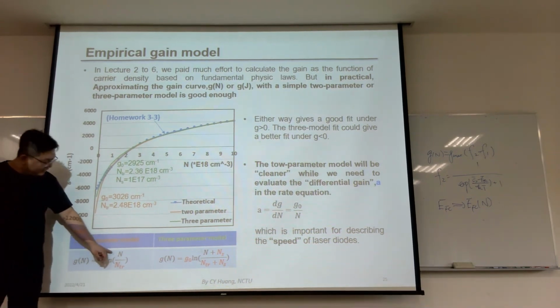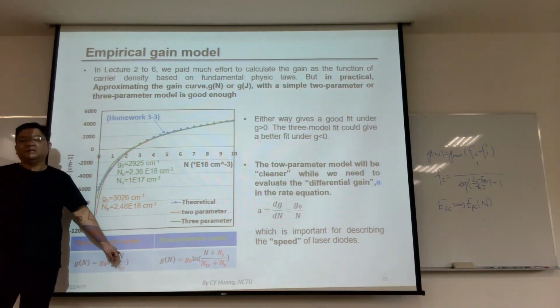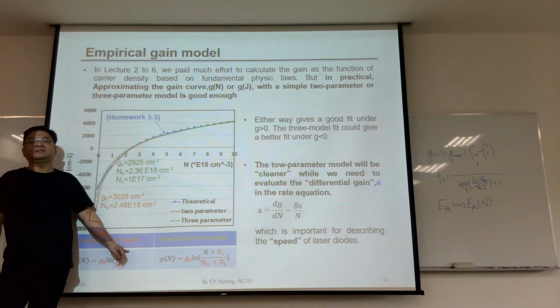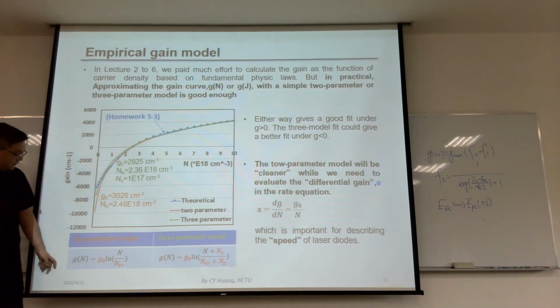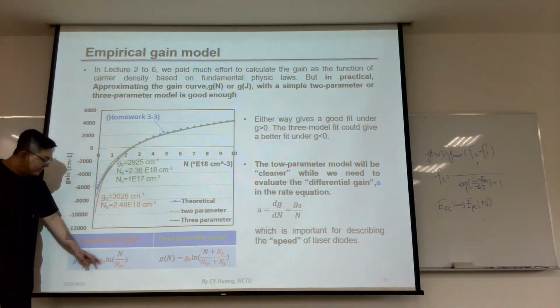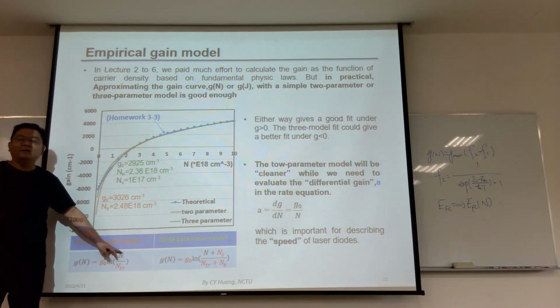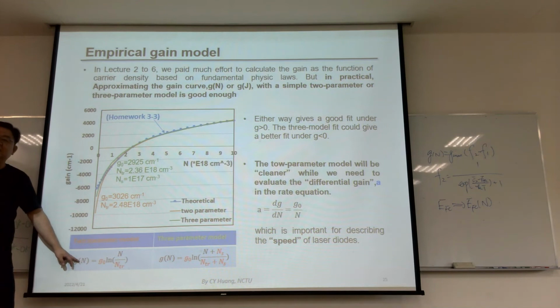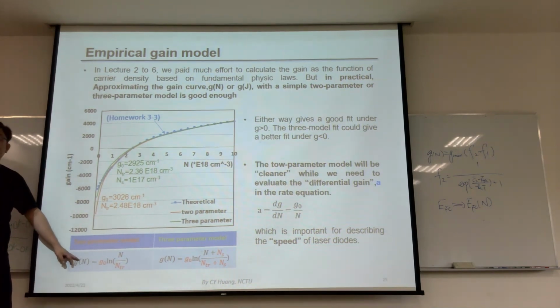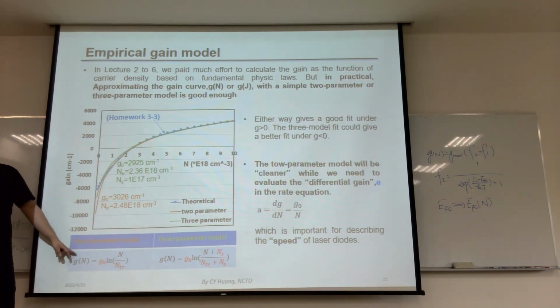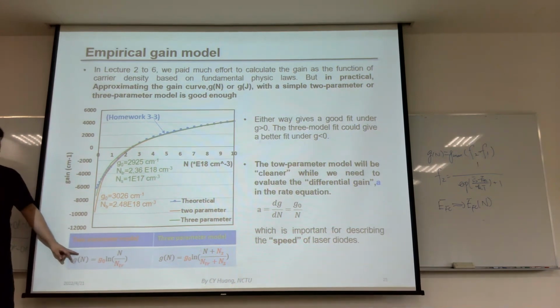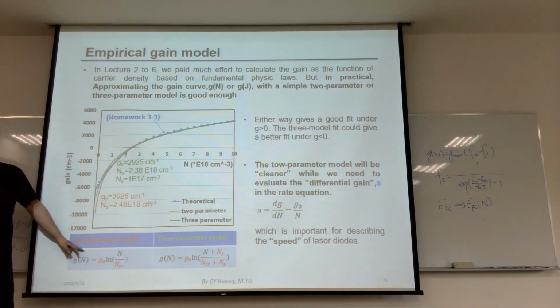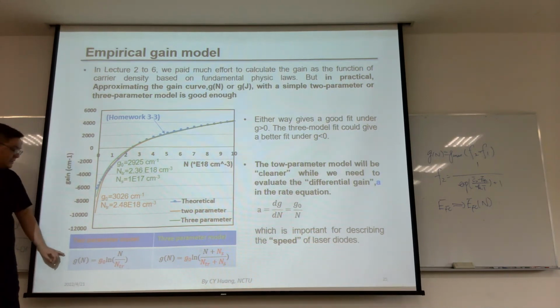Second, the model is also not bounded on the positive side. If the carrier density is very high, the gain will be as high as possible. This is also not correct. The gain will be bounded between minus Gmax and positive Gmax. So this is just empirical.